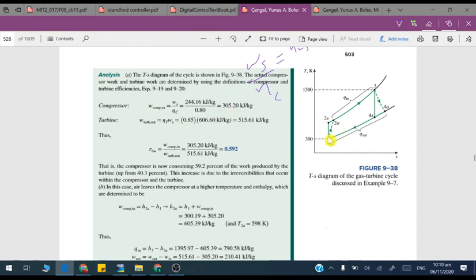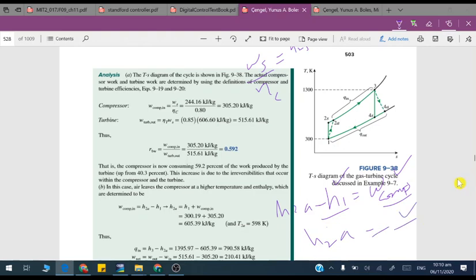So H2A minus H1, that is 305. So H1 you know, H2A you can determine. I can write here H2A minus H1. Basically this is the compressor work in after including the efficiency of the compressor. So here H1 we know, this we know, this we know. So H2A you can determine.